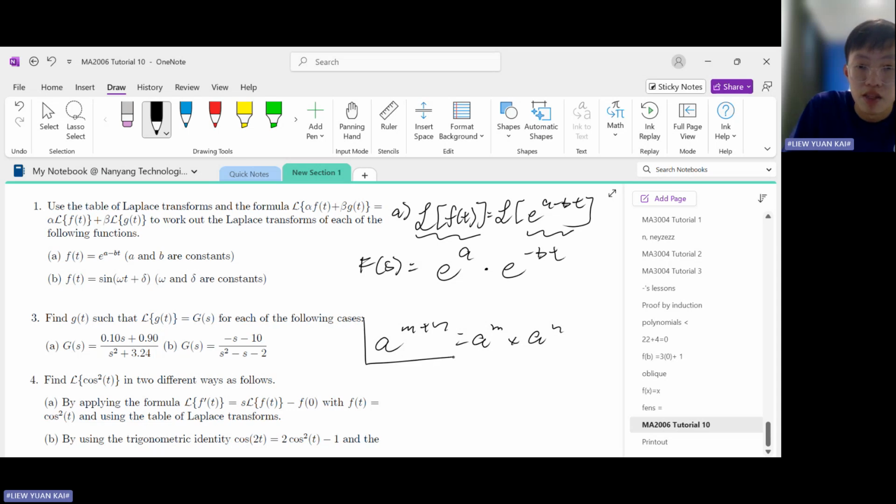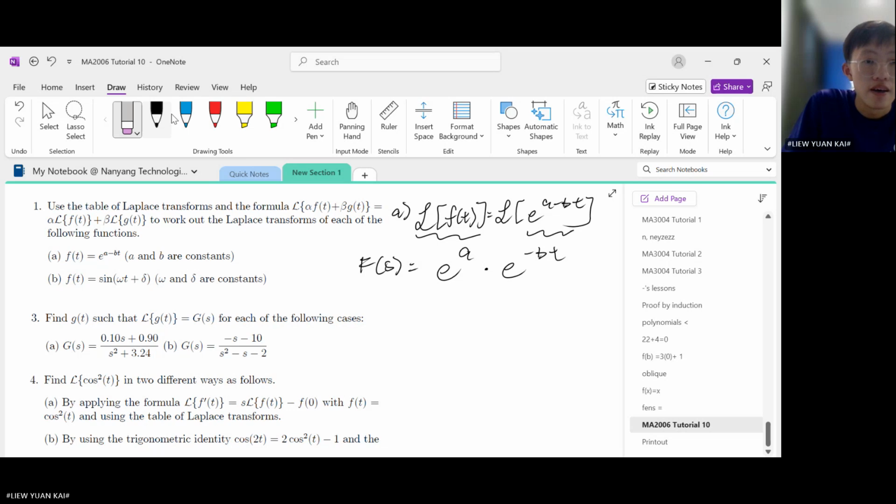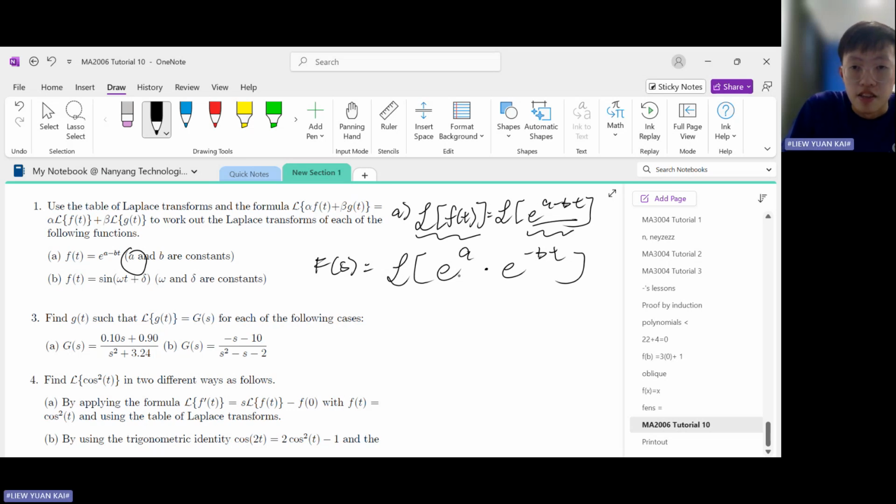I'm just basically applying this property of indices. Say a is a constant, so this is a constant.